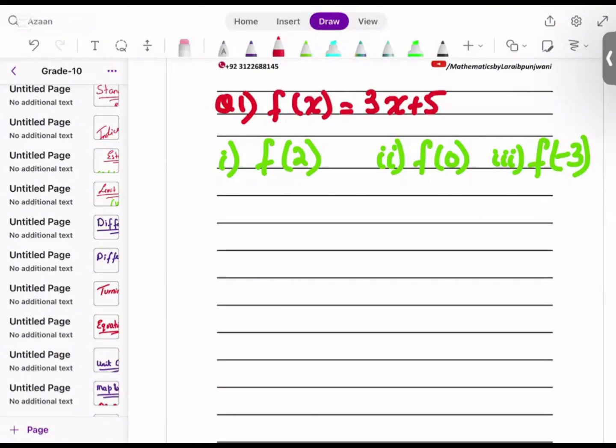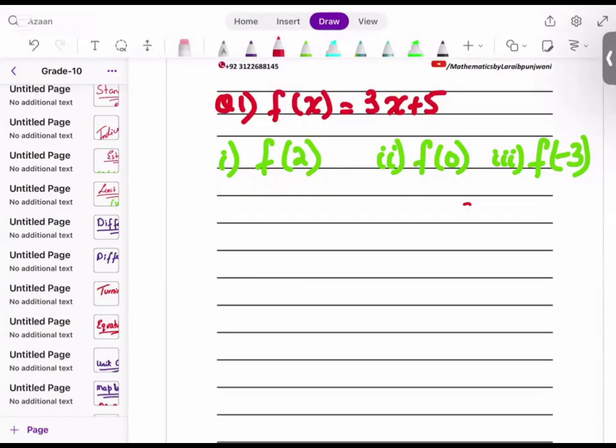Yes, what is the answer of part 1? I'm still doing it. Okay. Yes, part 1, that's a simple part.